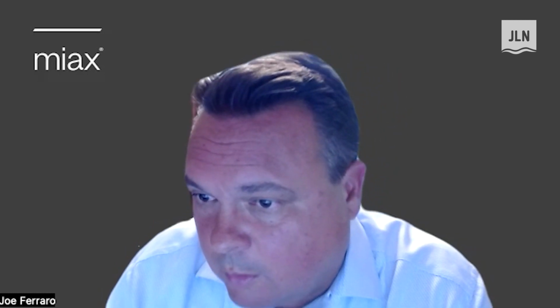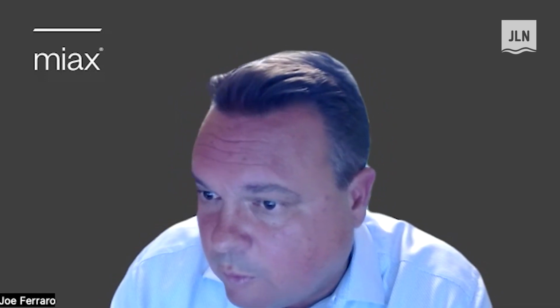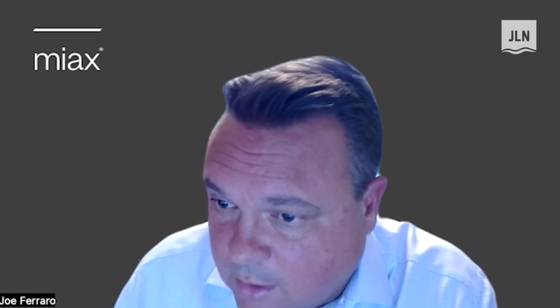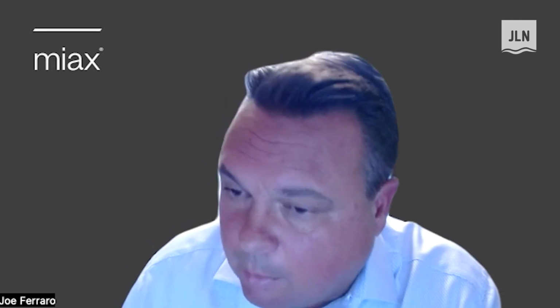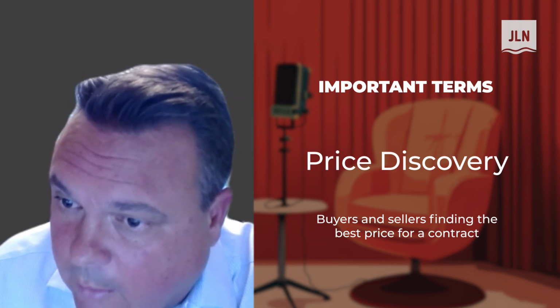There are also macro forward-looking speculators that are predicting that there'll be some type of event or other occurrence that's going to happen in the future. They're speculating that it's going to cause the price of the underlying asset to move in one direction, and they're looking to capture the profit associated with that. Speculators, because they have very different strategies, are very important for helping a market form price discovery and create an efficient market.